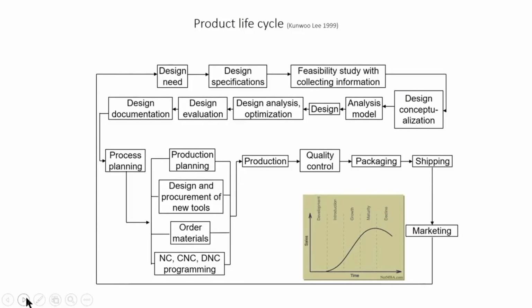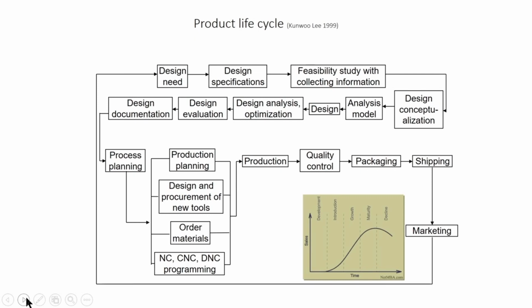Let me go back to the product life cycle philosophy or the concept that we have seen in our previous lectures. On your screen, you can see the various functions, various operations that we need to carry out during a typical product life cycle.